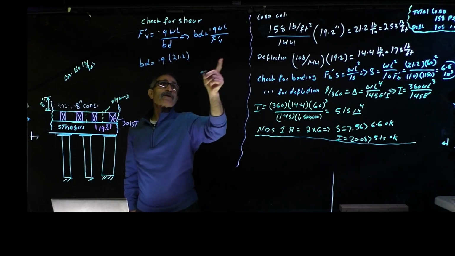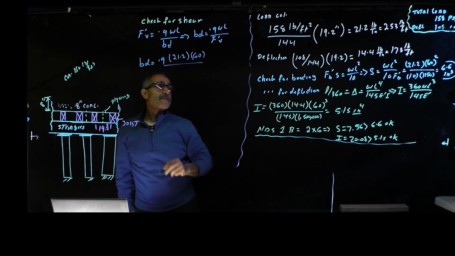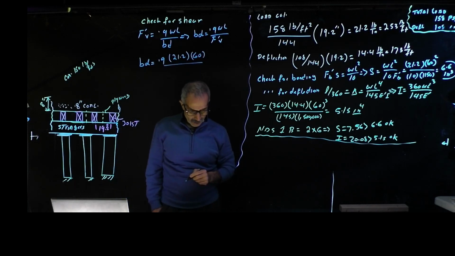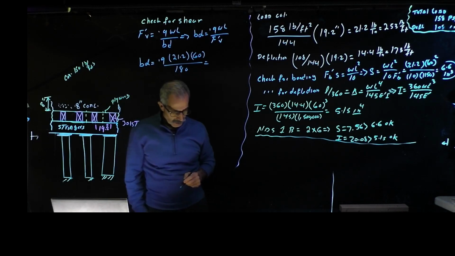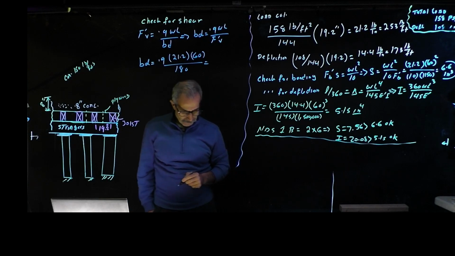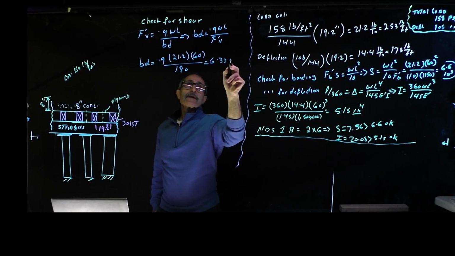and W for shear is going to be 21.2 pound per inch times L, which is 60 inches, divided by F prime V, which I just erased, and that was 180 psi. And we're going to get 6.33 inch squared.